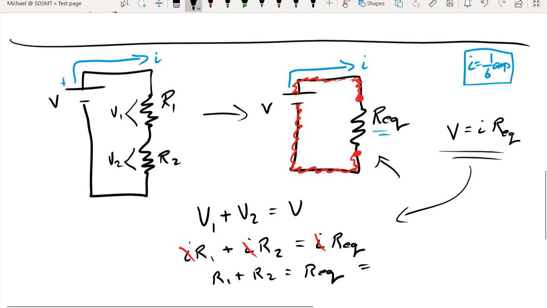So resistor 1 was 100 ohms, resistor 2 was 200 ohms, so that means that resistor 3 has to be 300 ohms.